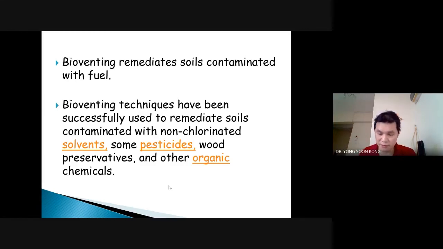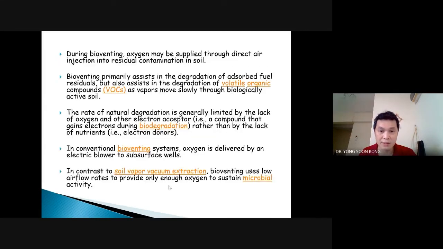So in terms of bioventing, I'm not sure whether the next slide has anything or not. Okay. So I think these few points we're going to explain further, on how bioventing can be used to flush things. So how it's done, number one, you inject the air, compressed air, into the contaminated soil, and then, as I said to you just now, degradation by the bacteria, because they have extra oxygen.